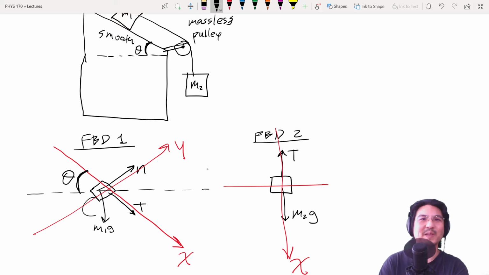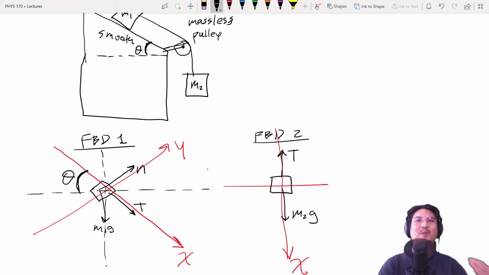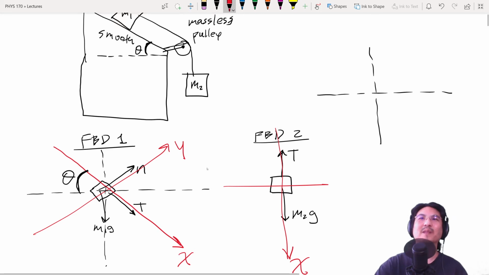But how does that help us here? So imagine, see the dashed horizontal and vertical axes, and then the solid red axes. Imagine taking the dashed horizontal axes and rotating them clockwise by angle theta.